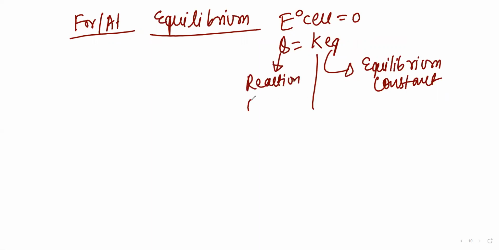E naught of cell is the standard cell potential and is not 0.